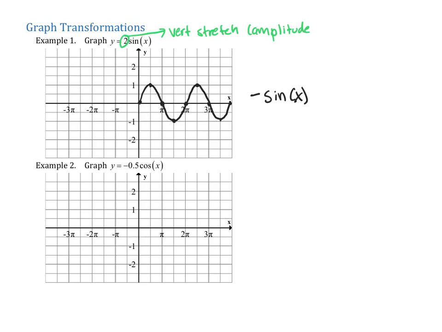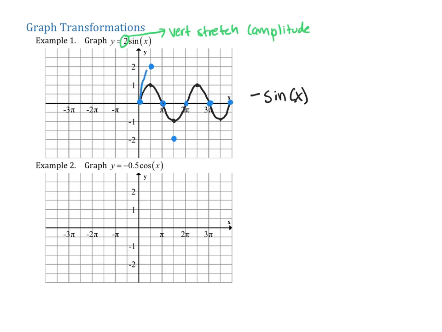So 2 sine of x means we are going to stretch vertically by a factor of 2. Anything that's on the midline is going to stay on the midline because it has a y-coordinate of 0, and 0 times 2 is still 0. The maximum value is where we're going to see the big change. The maximum value of 1 will be doubled to 2, and the minimum value of negative 1 will be doubled to negative 2.